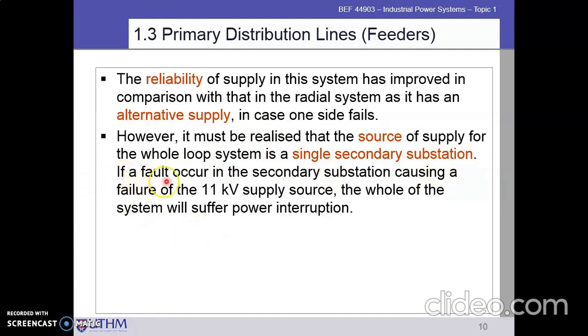So if a fault occurs in the secondary substation, causing a failure of the 11 kV supply source to the whole system, meaning the source of the supply is faulty, then the other 3 distribution substations will not get the supply because there is no backup for any substation.